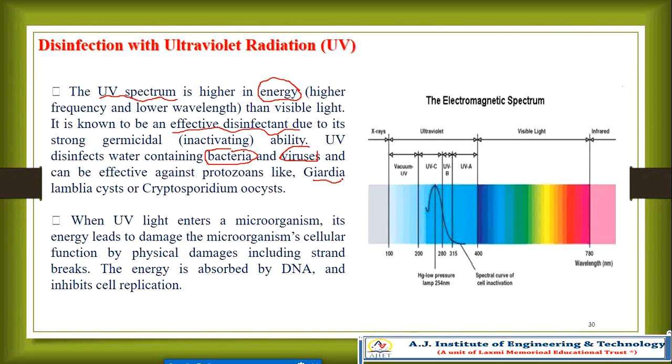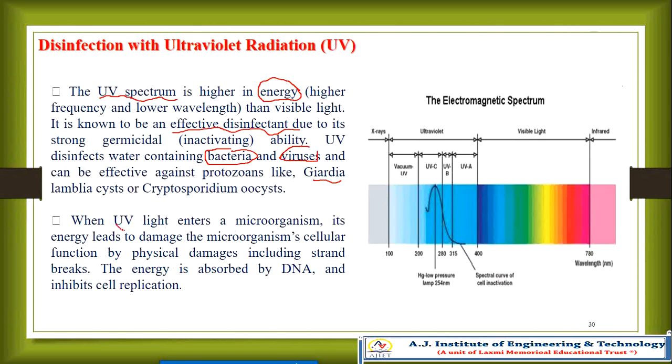When UV light enters a microorganism, what happens? Its energy leads to damage. It damages the microorganism's cellular function by physical damage.